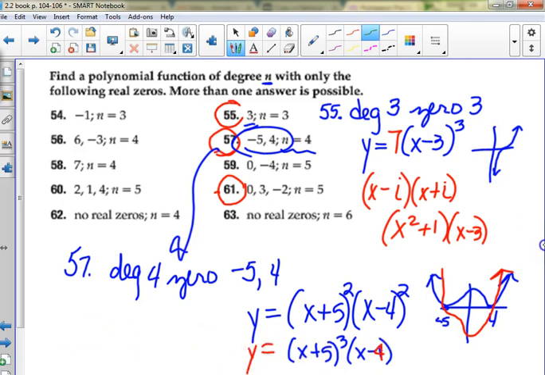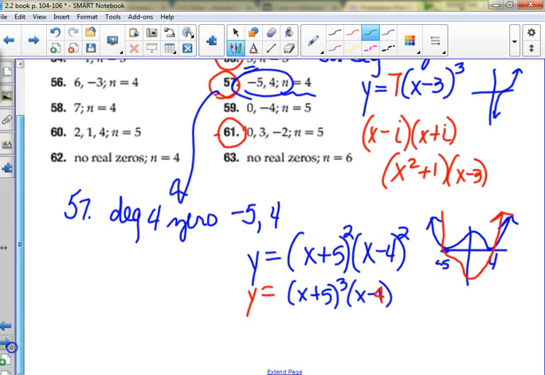All right. What about 61? Who's got this one? 61 would be degree, it says n equals 5. The zeros they give us are at 0, 3, and -2.